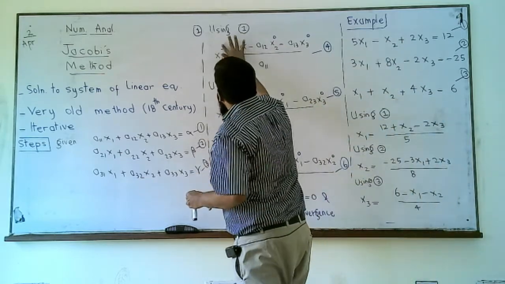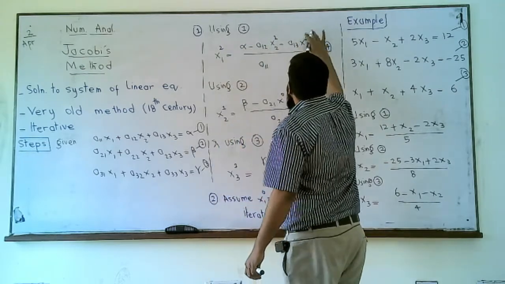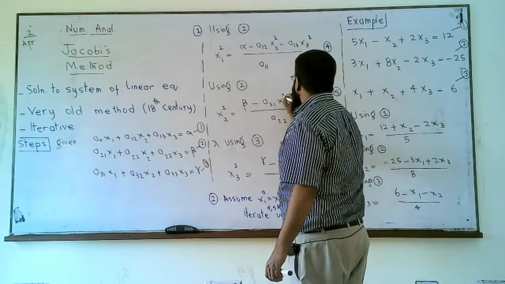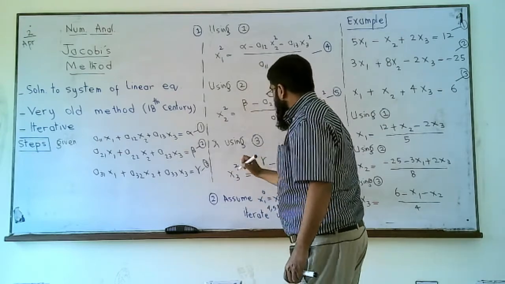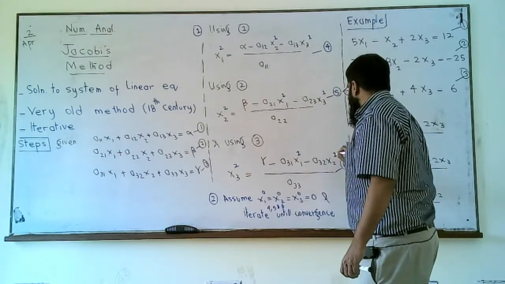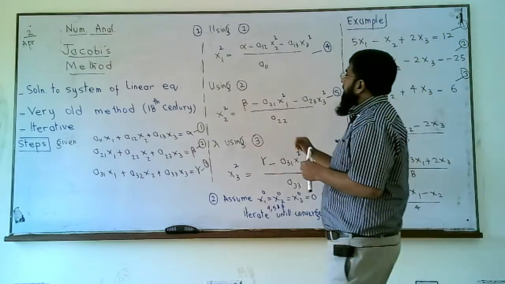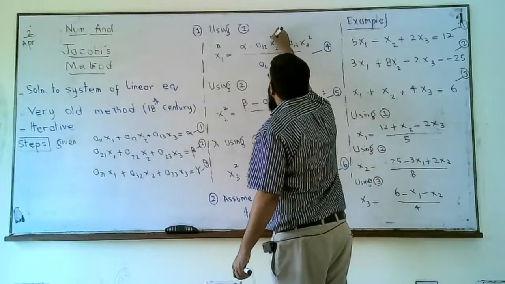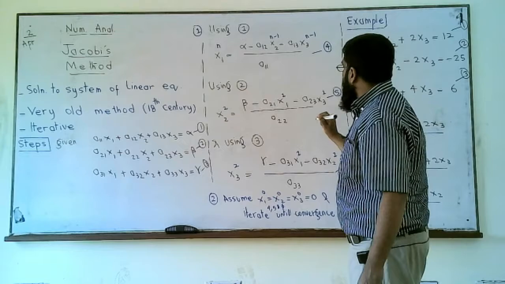Similarly, x1 at iteration number 2 would be computed using the values obtained in iteration number 1. This is x2 in iteration number 2, and this is x3 in iteration number 2, which use data that was computed in iteration number 1, the previous iteration. And in general, x1 at the nth iteration would be computed from x2 and x3 at one previous iteration.